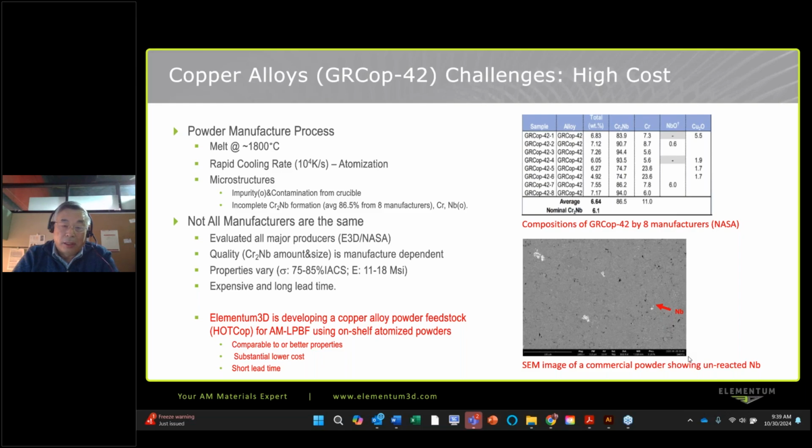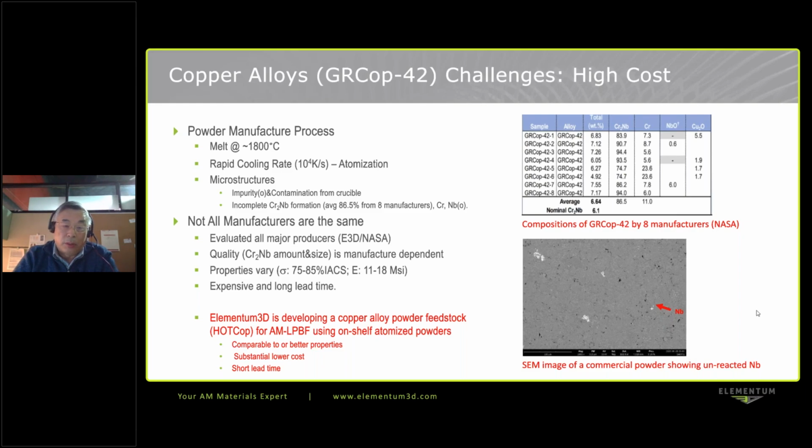Right now, this powder is produced by atomization. You have to melt at very high temperature, typically 1800 degrees Celsius, and then atomization, fast cooling. Then you can form small-size Cr2Nb compound with a Mark structure.